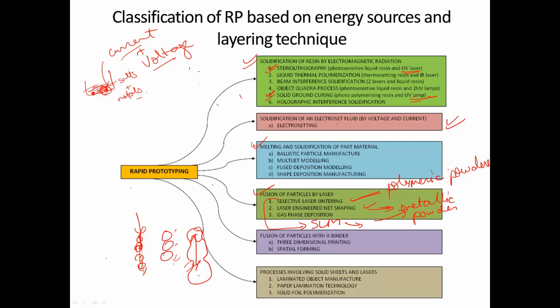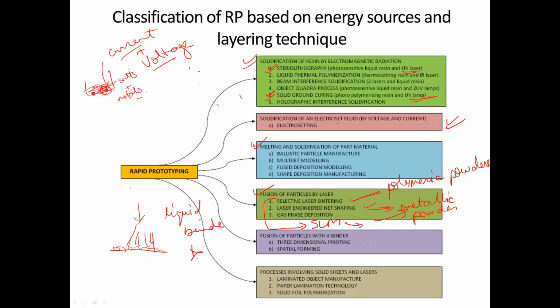Then fusion of particles with the help of a binder. This is very simple, but the problem with this type of system is it is not going to give you a product which is very sturdy or handy. What happens is there is a bed and there is powder over it. There is a head which comes and sprays a liquid binder material.